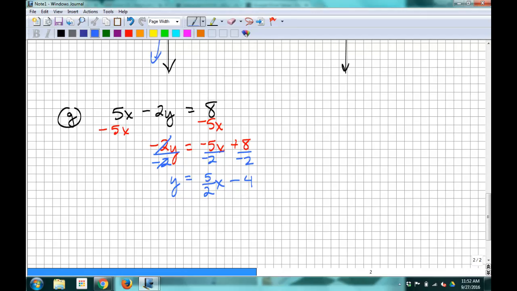Okay. Now let's graph that. I'm just going to go right there beside it and graph it. Where's our first dot? -4 on the y-axis. So we go down to -4. Put a dot. Now what?